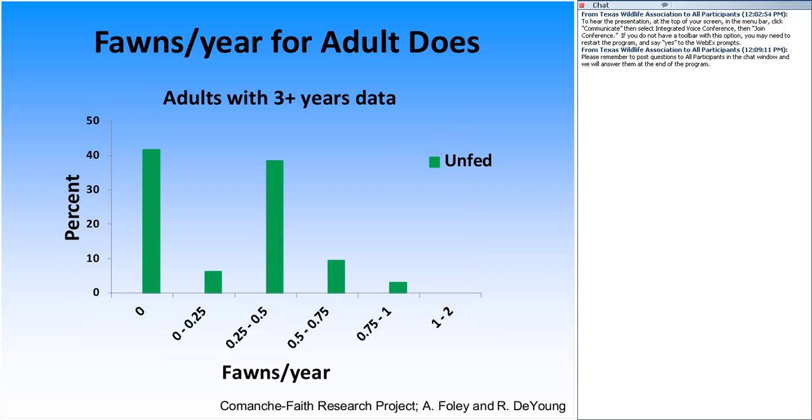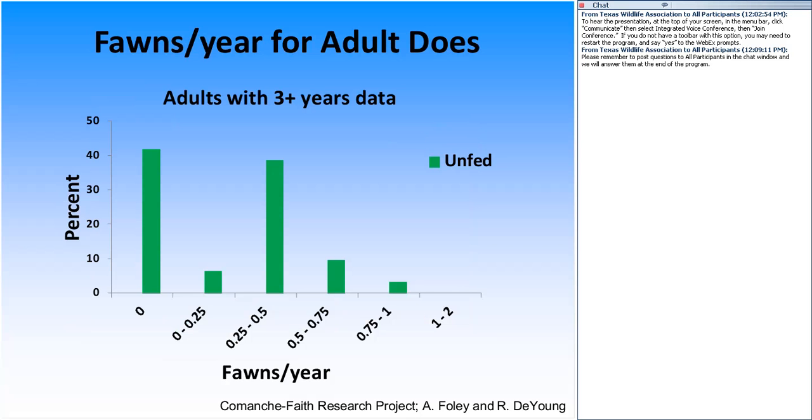All right, we're going to take this one step further now and not look just at age class, but look at individual does and their ability to recruit fawns. We're going to focus on just adult does now. So these are 3-year-old and older does, and they're does that were in our experiment for at least 3 years. Some of them were in for 5 or 6 years or more.